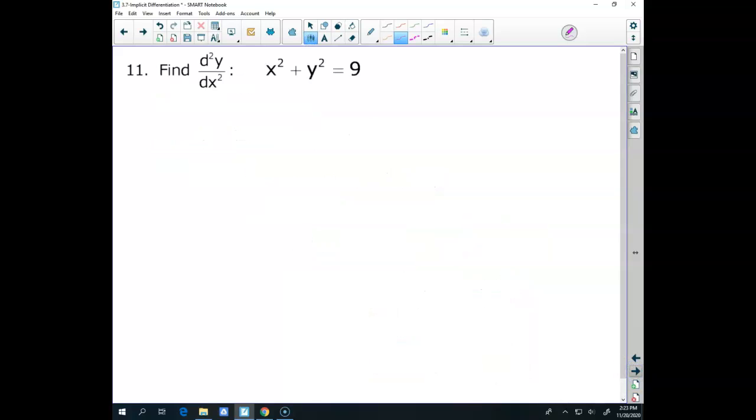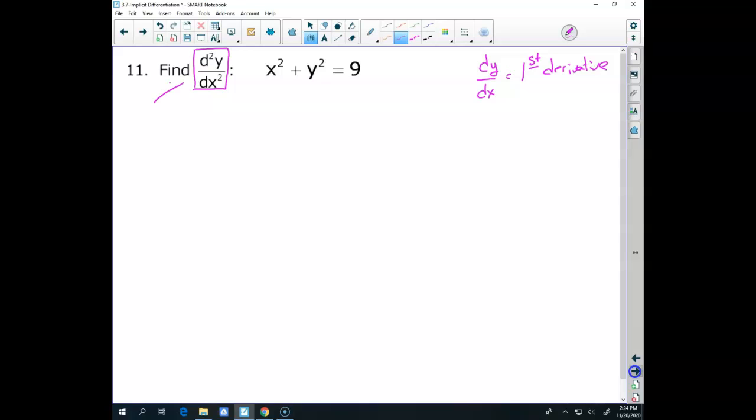This next one, we're going to have some options. Okay? Notice every time we've just been finding dy dx. What does that equal? First derivative. Okay? Find d squared y over dx squared.